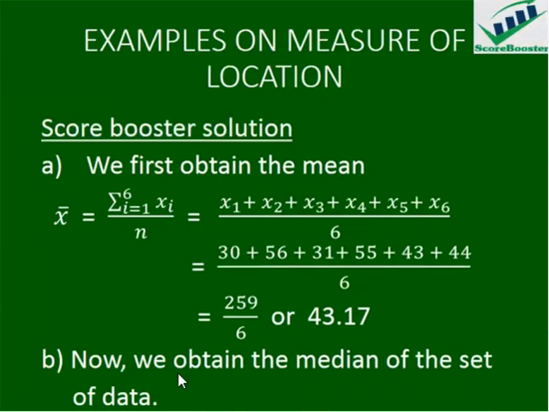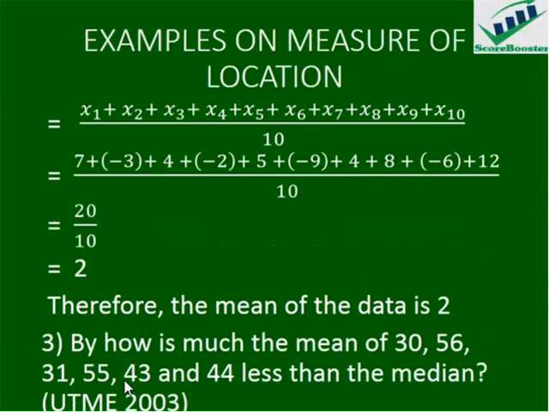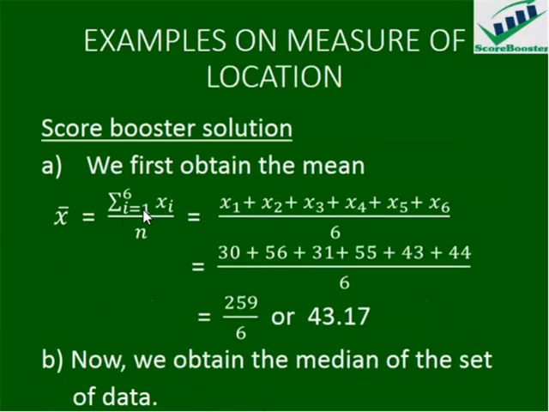The first thing we do is to obtain the mean. This is also like obtaining the mean of the previous question. Here we have 6 items in all. If you count, you have 1, 2, 3, 4, 5, 6. So our n will be 6, and i will start from the first item to the 6th item. So that is why we have this x1 plus x2 plus x3 up to the last item x6 divided by the total number of items, which is 6.